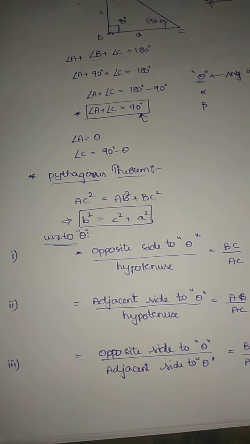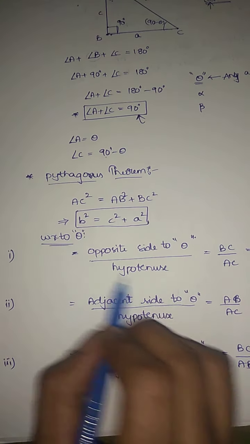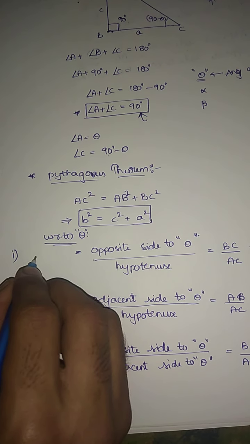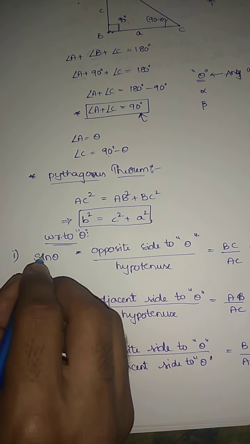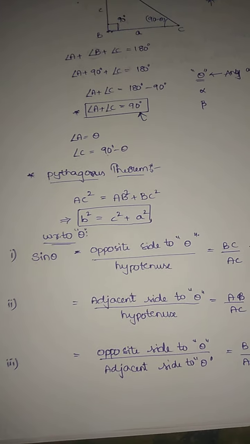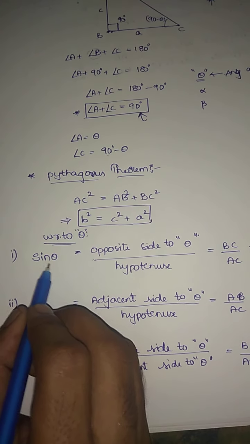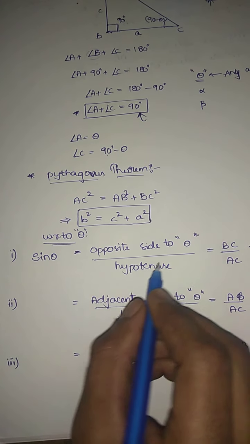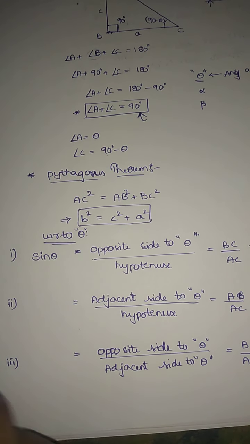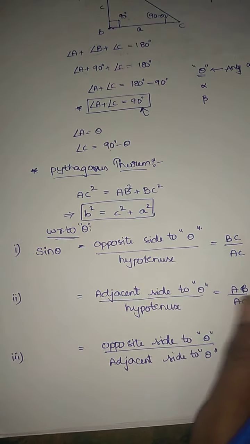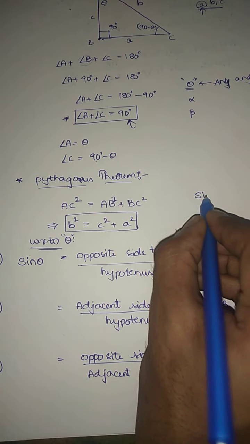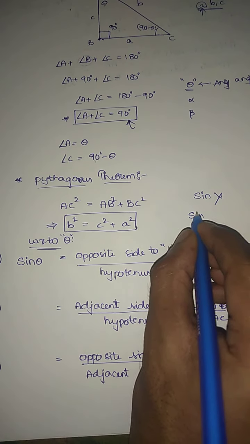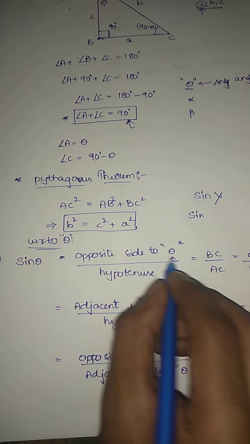If I find anywhere this ratio, opposite side to theta by hypotenuse, I am going to write it as sin theta. Okay. Remember this. Sin theta is nothing but opposite side to theta by hypotenuse. Remember, if you write only sin, it has no meaning. You need to write sin along with the angle, whatever angle is here.